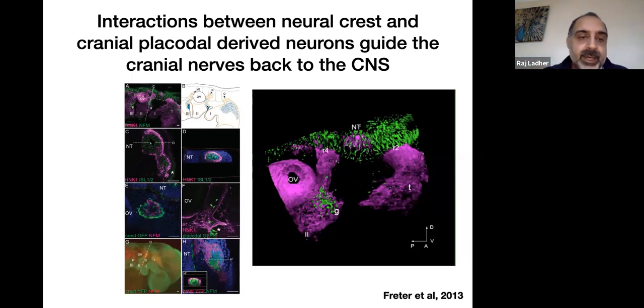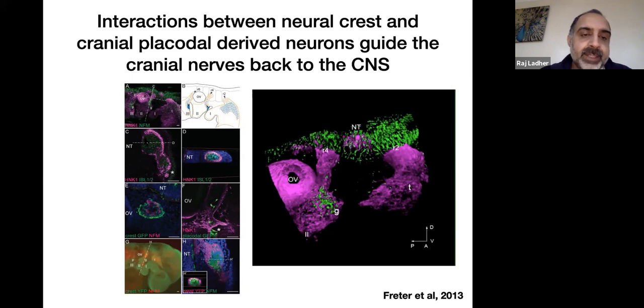And so what you're looking at here, for example, is the chick embryo. This is stained with a neural crest marker and neurofilament, as well as DAPI. And what you can see is the neural crest is wrapping around.